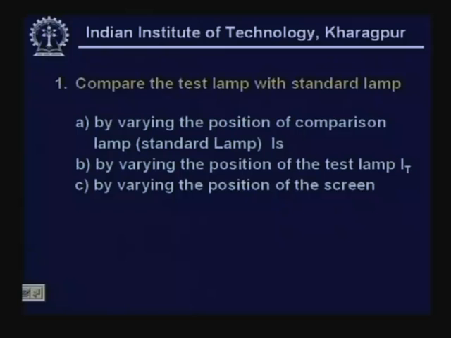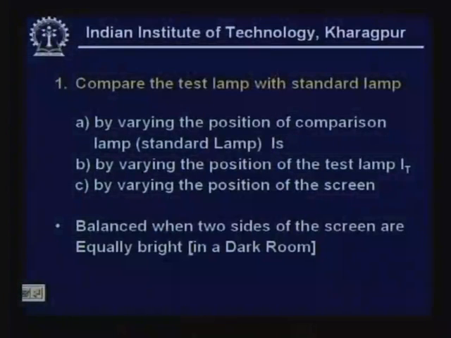We vary these, and what are we looking at? We are looking at the photometric head, which is nothing but an opaque screen, to see that the light radiation is of the same intensity. So, we look at the brightness on the two sides of the screen and we look for equal brightness on either side. What are we doing?